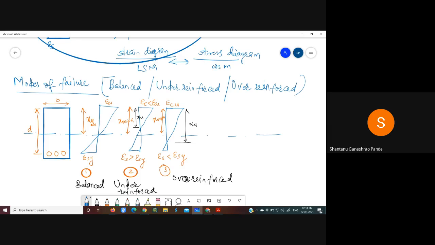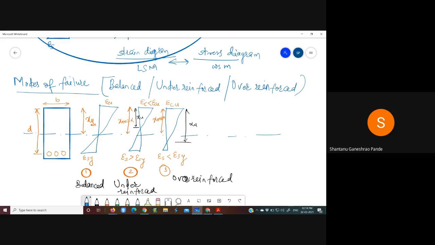In the first section, steel and concrete reach their maximum permissible values simultaneously, epsilon cu and epsilon sy. In an under reinforced section, the steel has reached its maximum value, but concrete has not reached its maximum permissible strength. So epsilon c is less than epsilon cu when the steel has reached its maximum permissible value.